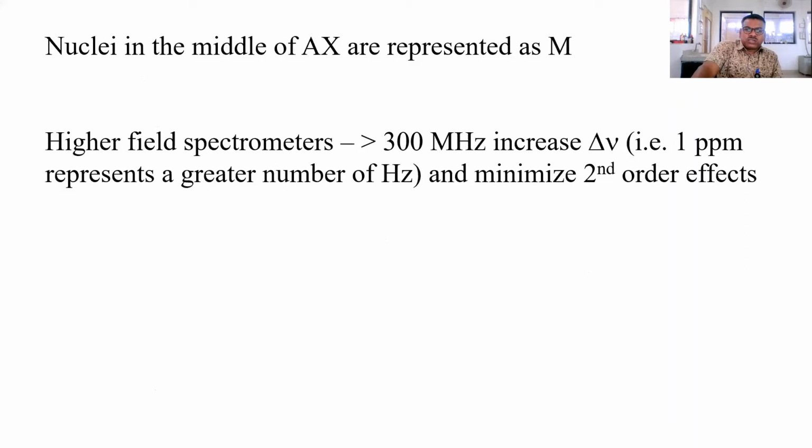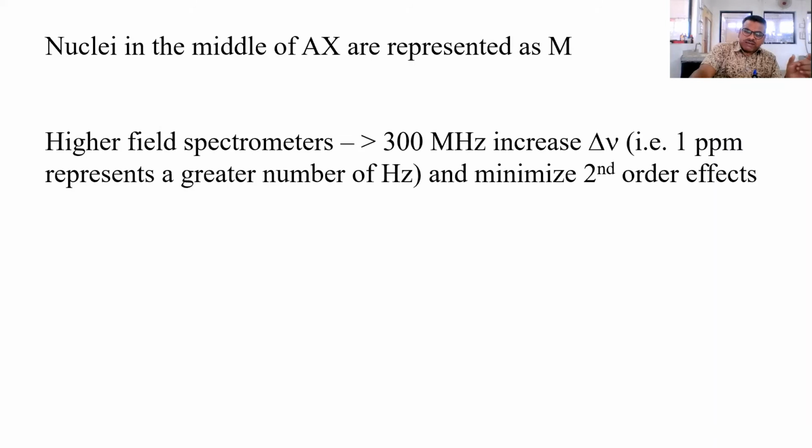A higher field spectrometer, that is 300 megahertz, increases the delta V, so 1 ppm represents a greater number of Hz and minimizes second order spectra. See what happens in a higher field spectrometer, one with 300 megahertz or 500 megahertz frequency: the delta value definitely increases, and 1 ppm represents a greater number of Hz, which minimizes the second order effect.